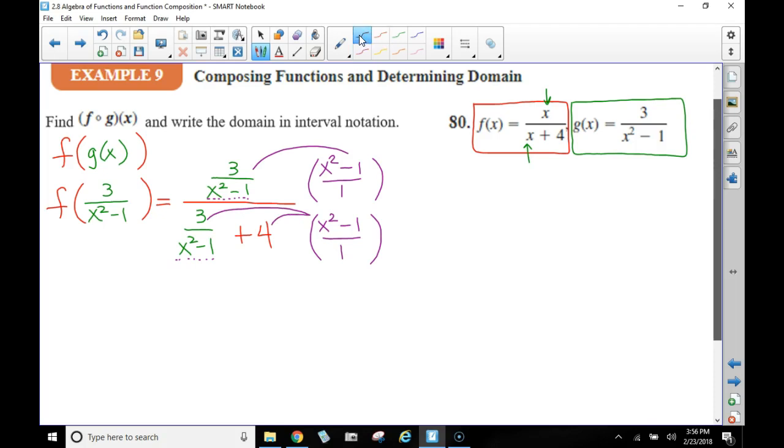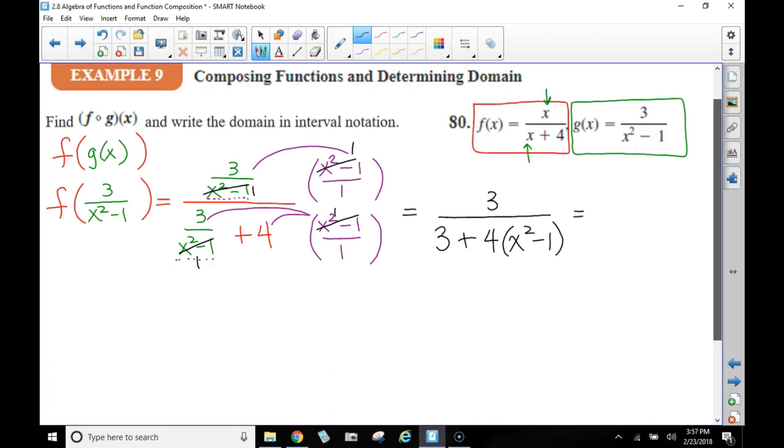Okay? Let me see, I'll switch to black here. We'll end up getting that the x squared minus 1 terms reduce, leaving us in our numerator with just 3. That's it. And then in the denominator, we'll have the x squared minus 1 factors reduce, leaving us with, for the first term, a 3 plus, and really all we can do here, because we still need to run that x squared minus 1 through, is we still have 4 times the quantity x squared minus 1.